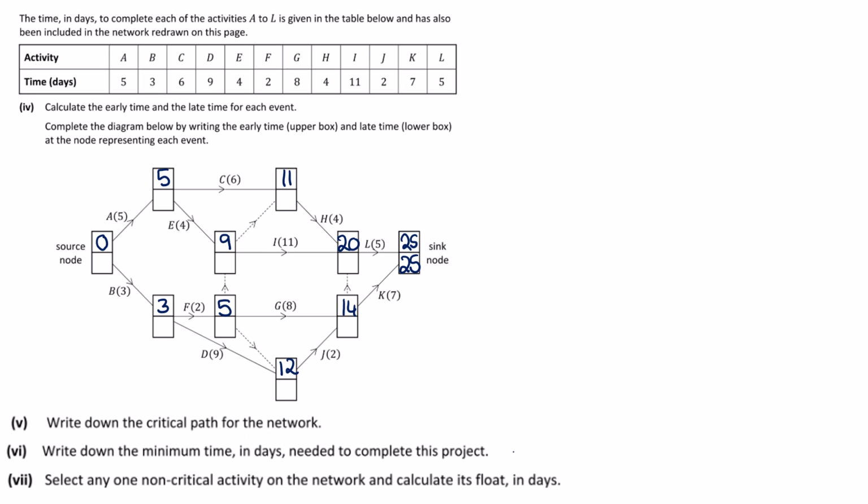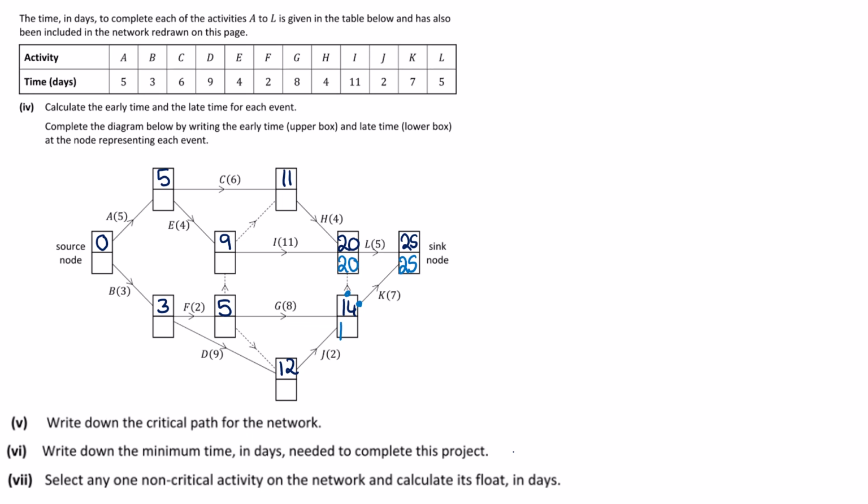We then fill that in here and we start working backwards. I'll change up my color so we can see 25. So then going backwards, there is 1 thing feeding out of here. So that's going to get us 20. Here we have 2 activities feeding out of it, which is either going to be my dummy, which is 20, or K, which is going to bring us back to 18.